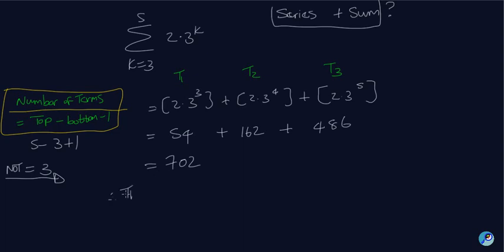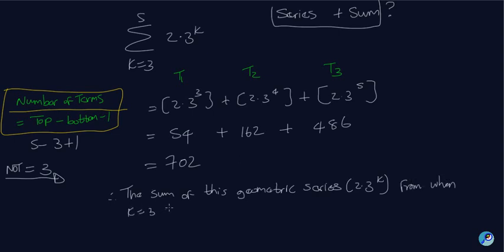So therefore the sum of this geometric series, which is 2 times 3 to the k, from when k is equals to 3 to when k is equals to 5, adds up to 702. So this is the series, this is what it means exactly.